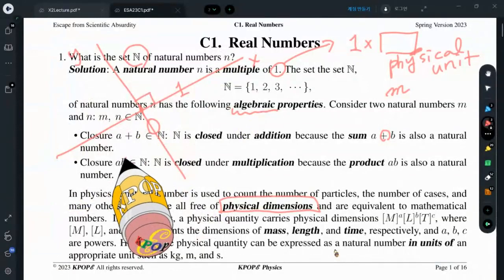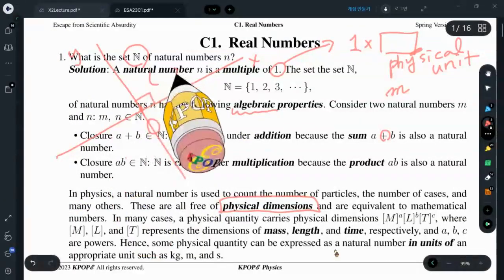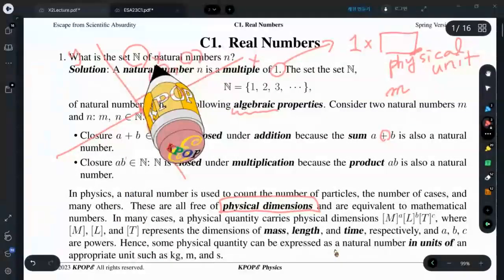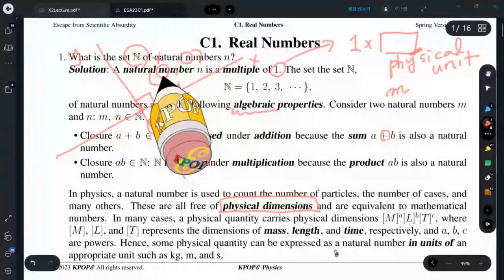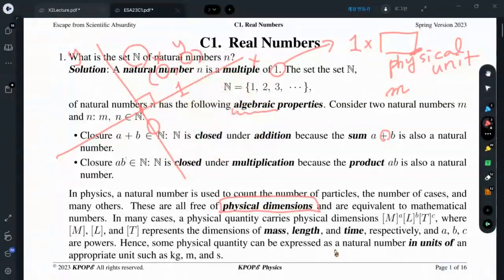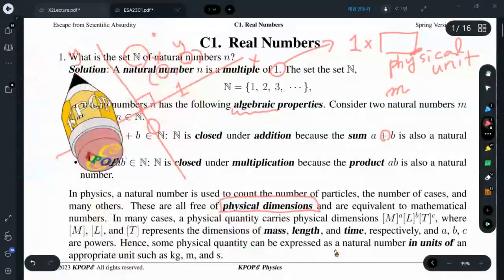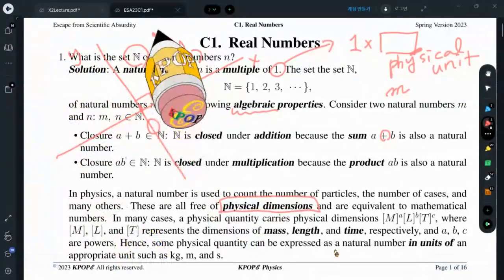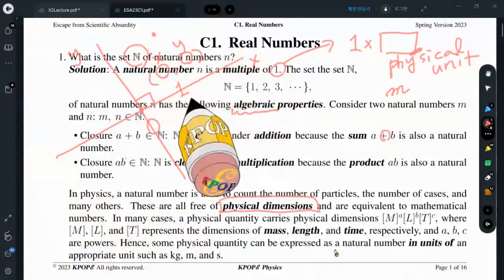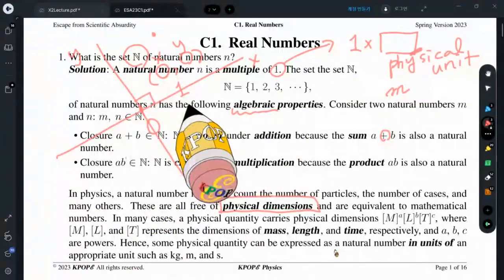Usually the two-dimensional plane can be expressed as an ordered pair of numbers. This one represents the x coordinate, and this one represents the y coordinate. So in this case, every point on a plane can be treated as a two-dimensional object in the mathematical sense.